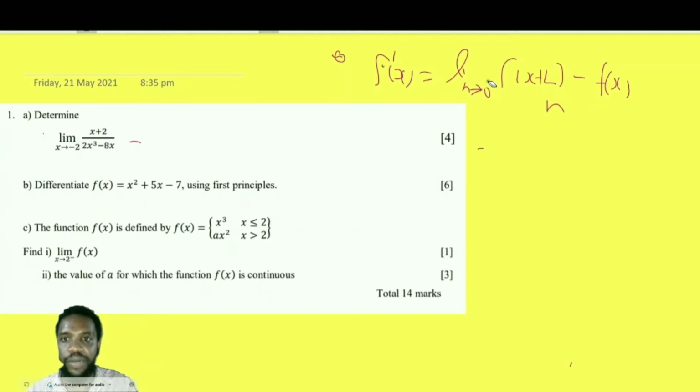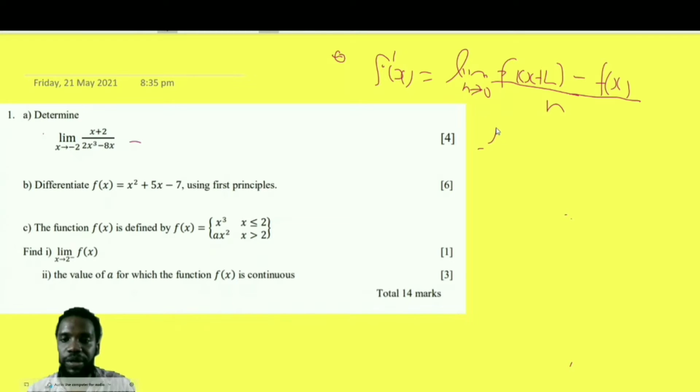So let me take out the line right here. So I have a limit of this as h tends towards 0. Now you can see the problem here. When I attempt to make a direct substitution, I'm going to have 0 here, which is undefined. So you know already I'm going to have to do something to eliminate that problem.